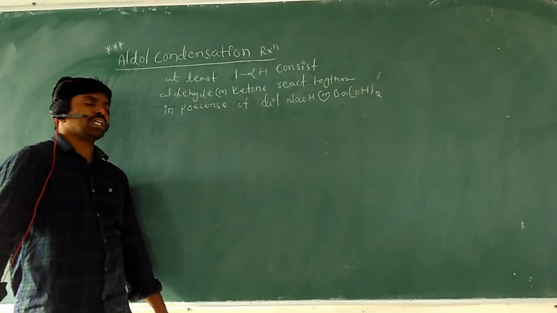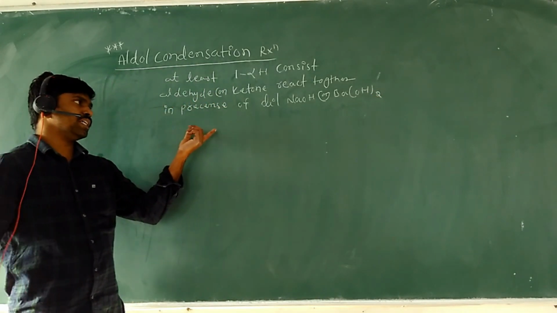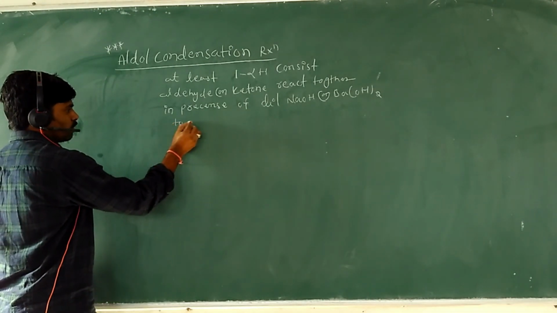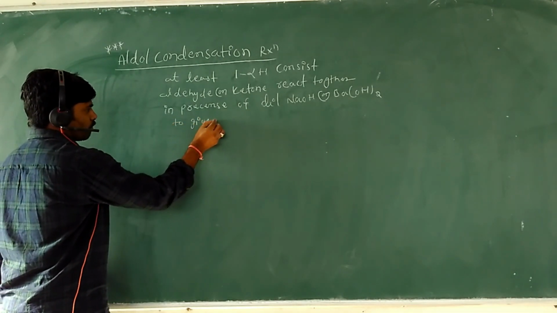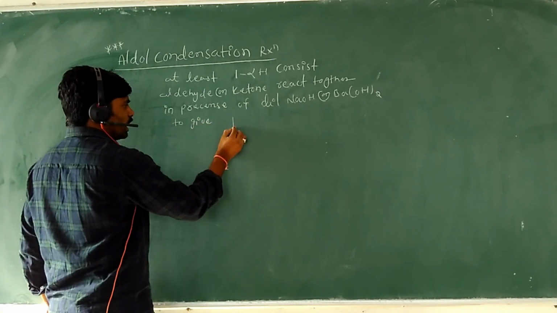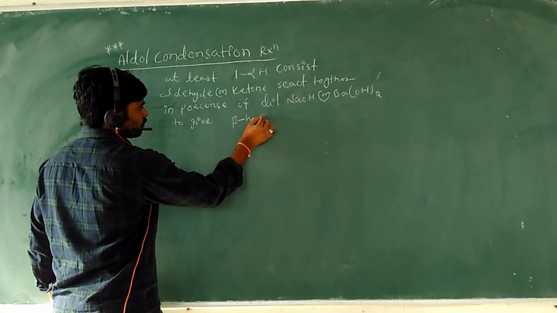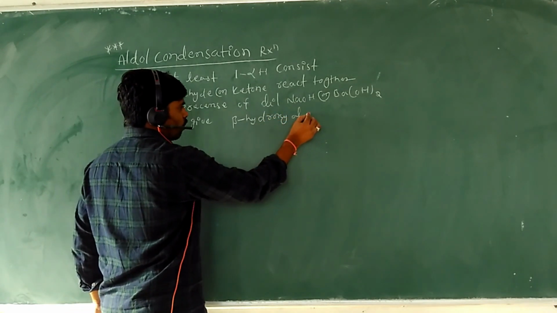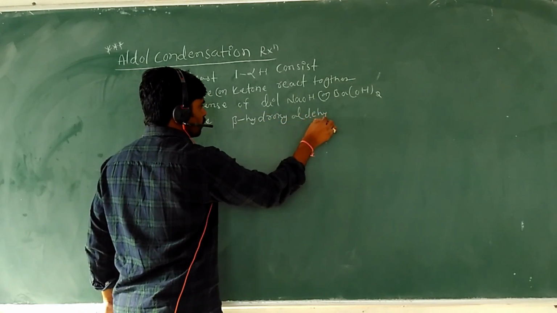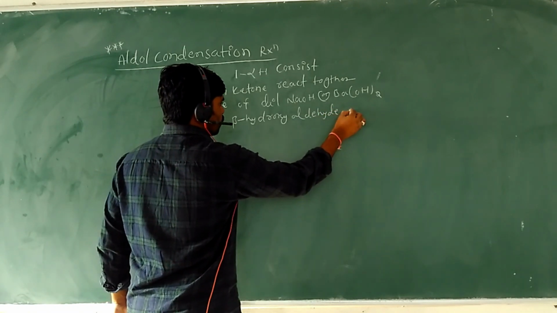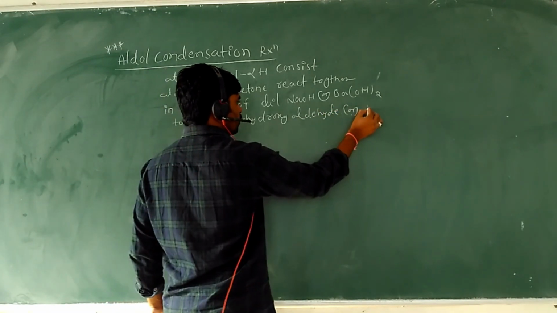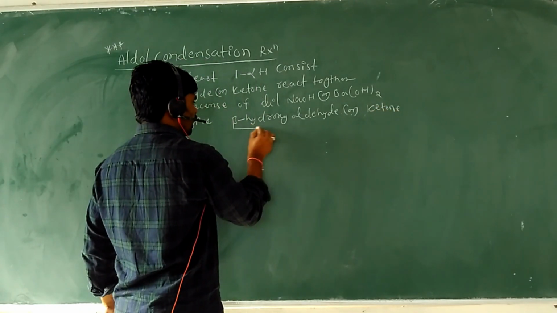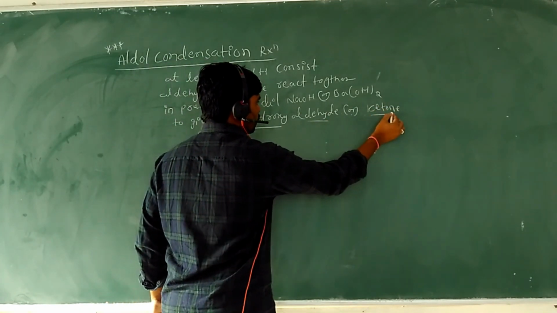Now when they react together in the presence of dilute base, we get beta hydroxy aldehyde or ketone.